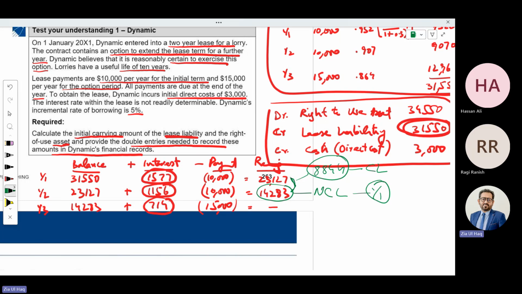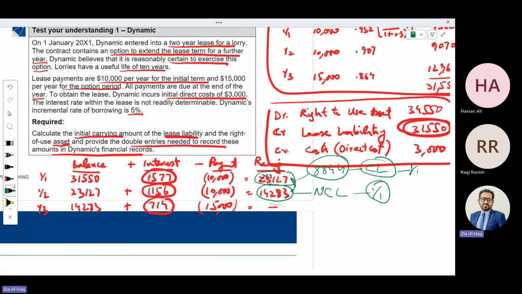Because at the end of year one, this was the balance, and at year two, this was the balance. This means the balance reduced, which means during year two, you made a payment of 8844. So this is a liability that will be recorded in year one current liabilities, and this will be recorded as non-current liabilities in the year one financial statement.